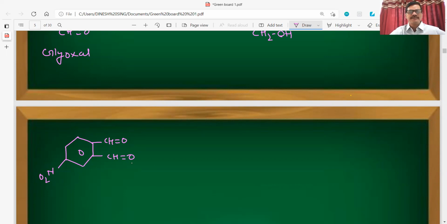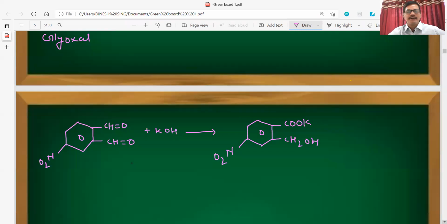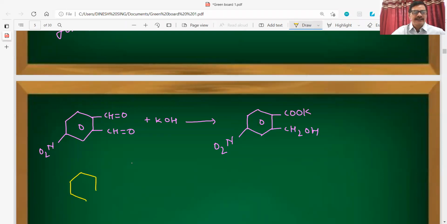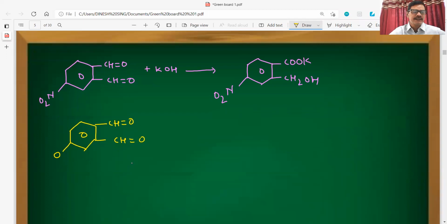So this aldehyde group is more activated, this is less activated. On treatment with concentrated alkali, the aldehyde which is more reactive will undergo oxidation, giving COOK, and the aldehyde which is less reactive will undergo reduction, with NO2 retained. Another example: again this phthalaldehyde substituted with an electron releasing group like OCH3, plus NaOH.